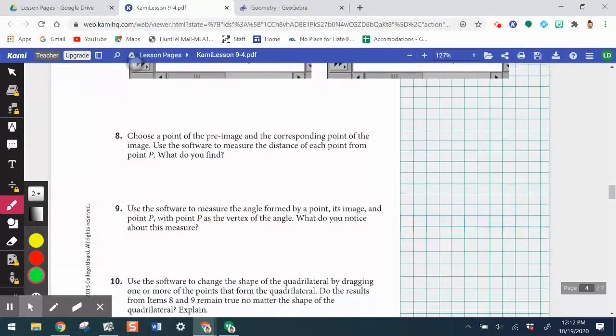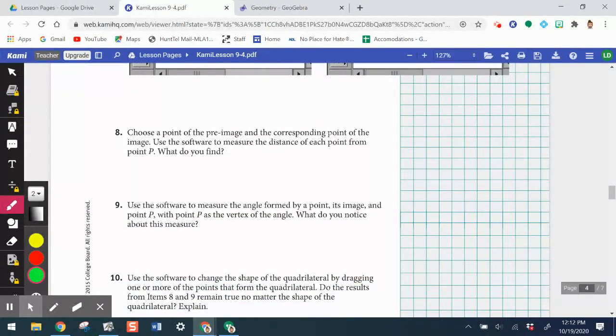So it says choose a point of the pre-image and there's that word, corresponding point of the image, and use the software to measure the distance of each point from the point P. What do you find? Then it asks us on item 9 to use the software to measure the angle formed by a point, its image, and point P with point P as the vertex of the angle.